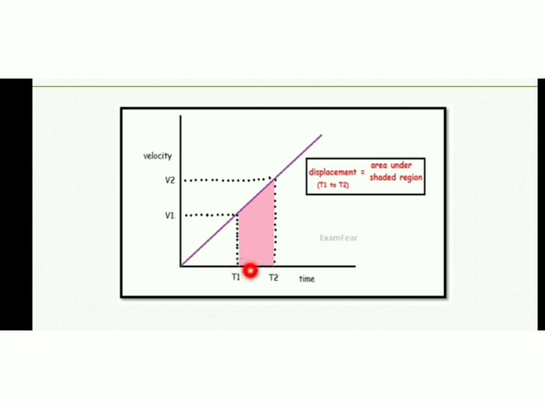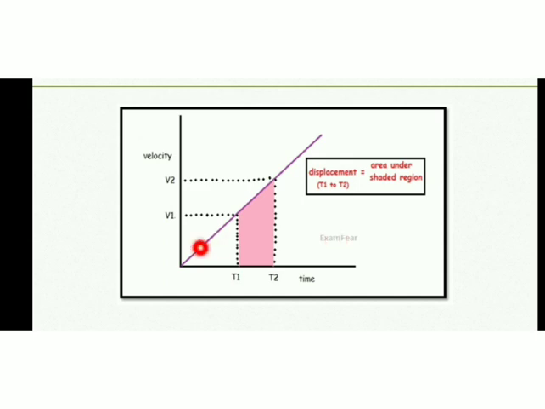Within the time interval t1 to t2, the area below this velocity-time graph gives us the displacement of the object from t1 to t2. It's not possible to find out the displacement of the object throughout the whole journey through this shaded portion, because we have shaded the portion just between the points t1 and t2. We have not shaded the whole portion below the graph.